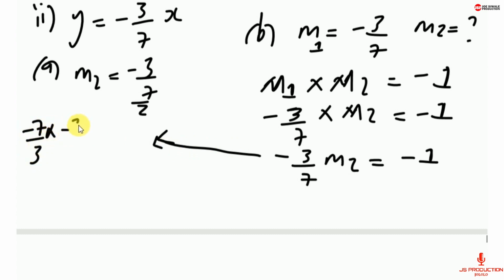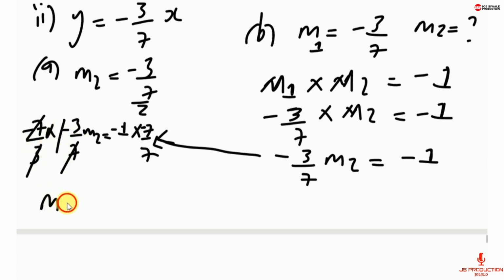So negative 7 over 3 multiplied by negative 3 over 7, and as you can see, the 3s and the 7s cancel. So m2 is equal to, sorry, this is negative 7 over 3 multiplied by negative 1, so here we have 7 over 3.